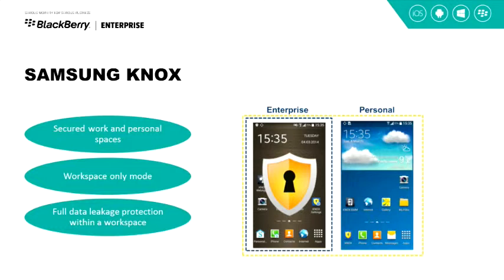Only the enterprise space is encrypted, so when you're setting up a KNOX device, unlike Android for Work, it can happen much quicker because it's not encrypting the entire phone. Like Android for Work and like BlackBerry 10, anything that's stored inside the enterprise space is managed and controlled from the BES10 server.